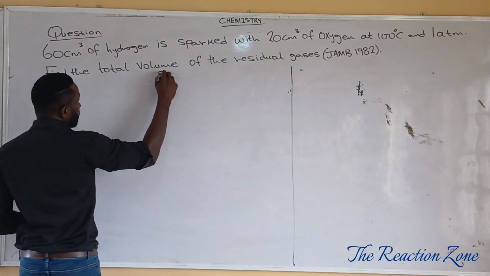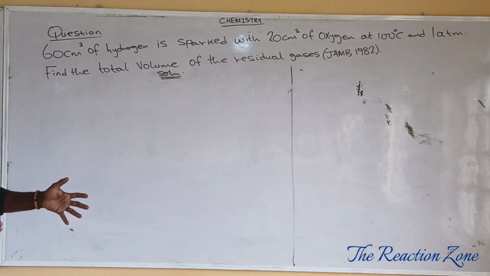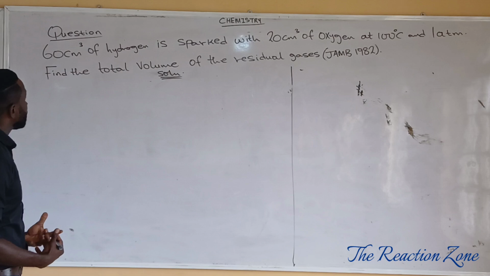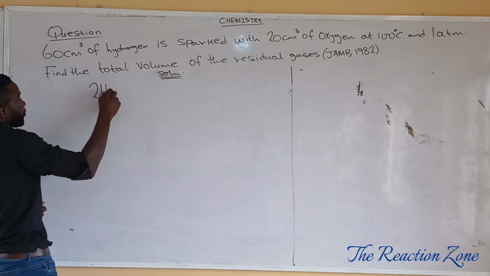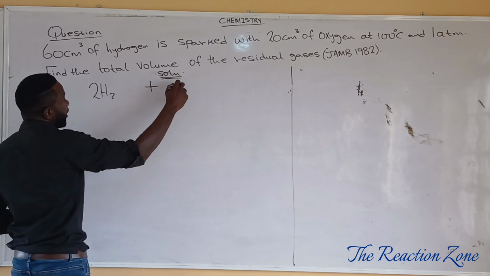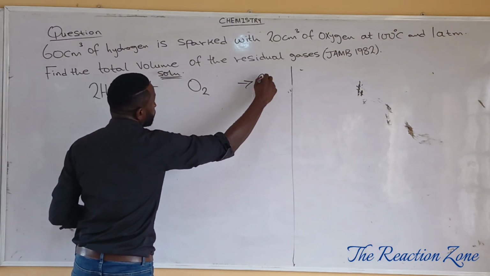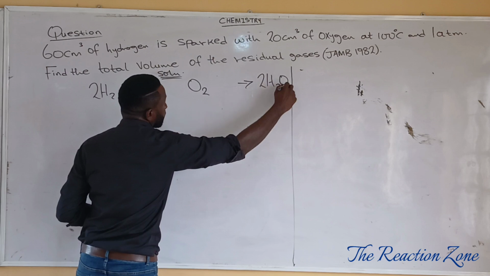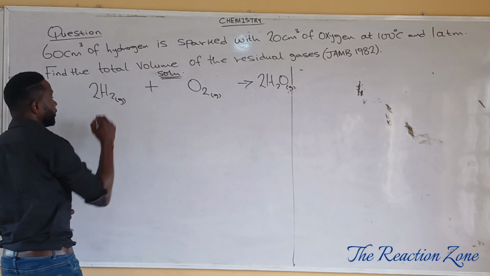To solve this particular question, the first thing is to write the balanced equation for the reaction between hydrogen and oxygen. 2 moles of hydrogen will combine with 1 mole of oxygen to give 2 moles of steam, that is water in a gaseous state.